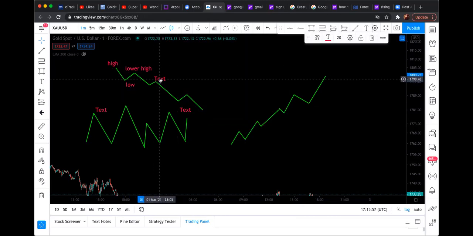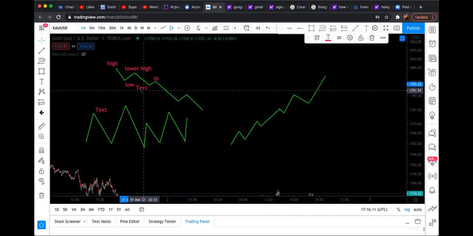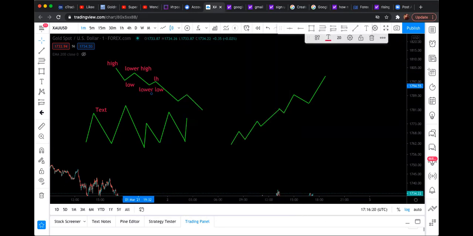And then it will come back here again to create a lower high again. So, short form LH. And then it comes here now, and instead of a low, it creates a lower low. That is literally what this does.